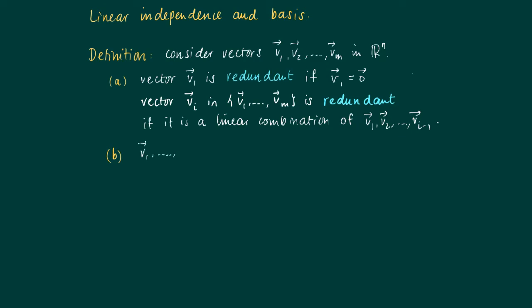Now, we will call the set v1 to vm linear independent if none of these vectors is redundant. So none of these vectors can be expressed as a linear combination of former members in this series.